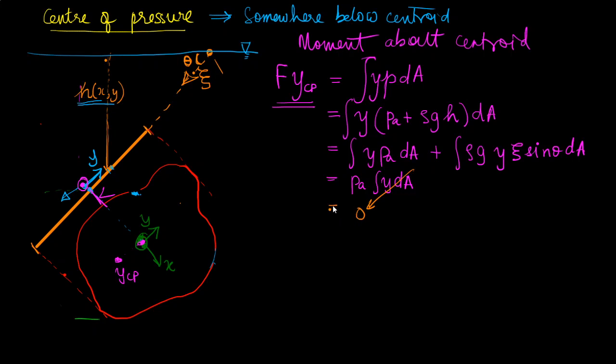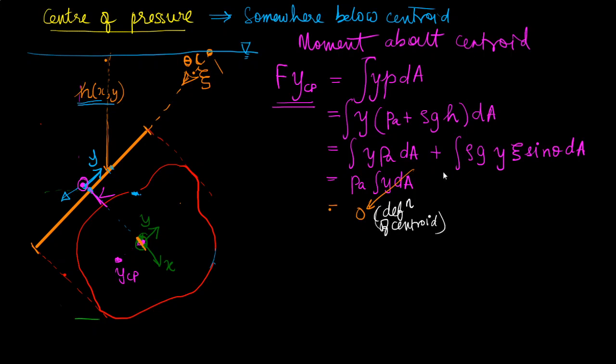This is going to be 0 because around the centroid you cannot find the net moment of y or x, because that is exactly how that centroid was found out in the first place. Okay, this is by definition of centroid. I hope you realize this.